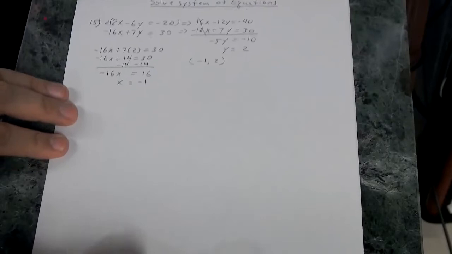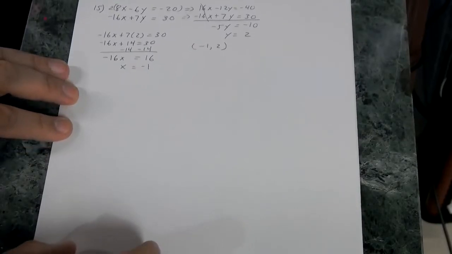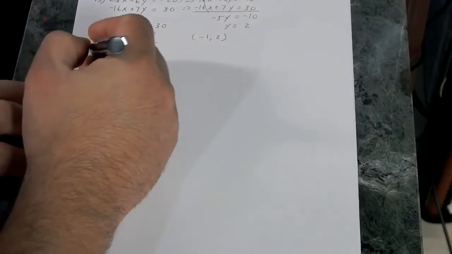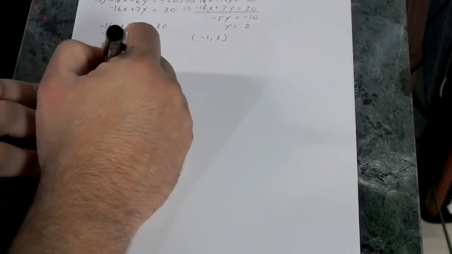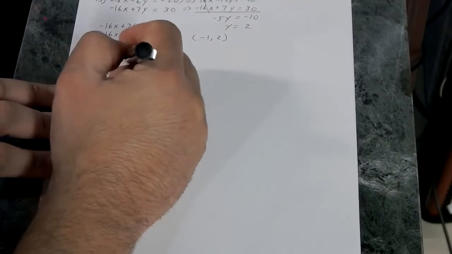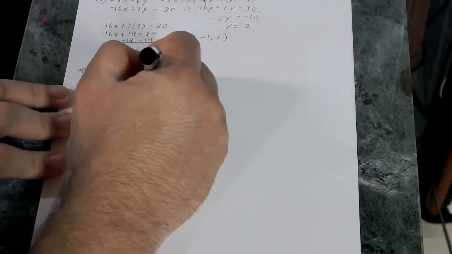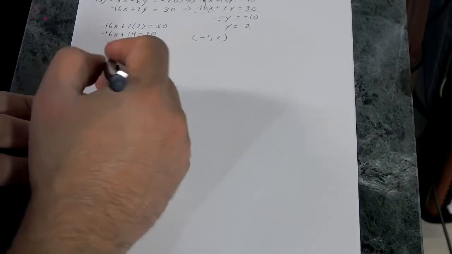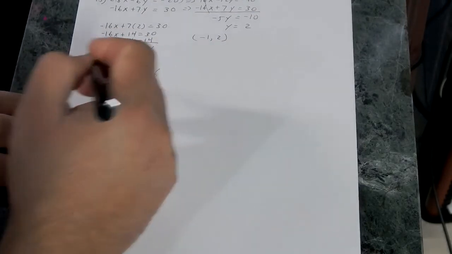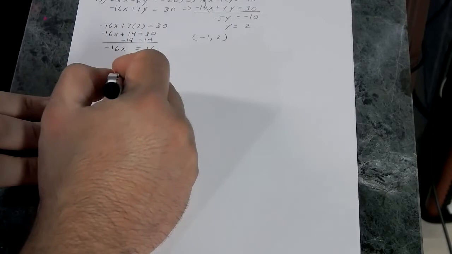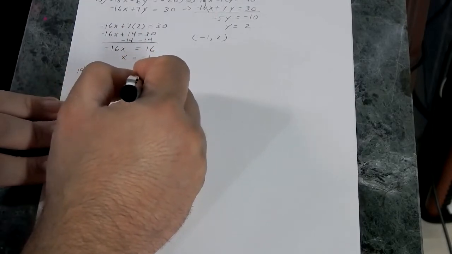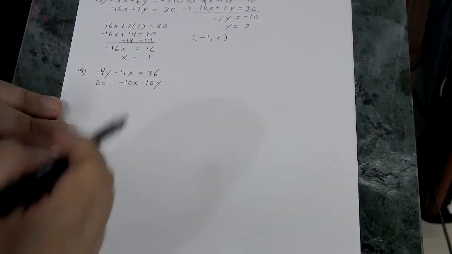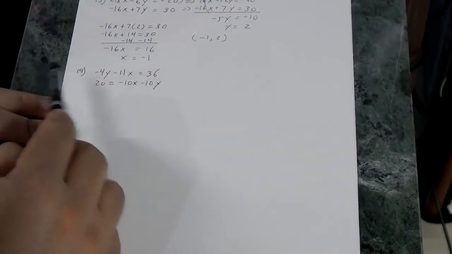All right, I'm going to do number 19 next. It states negative 4y minus 11x equals 36. And we have 20 equaling negative 10x minus 10y. All right, in order to do this, we know we have to have x's and y's on one side.